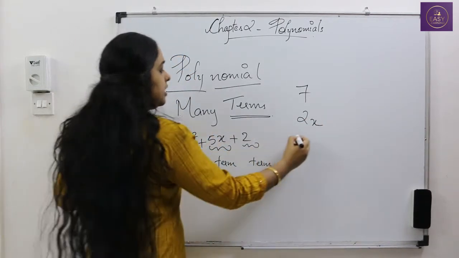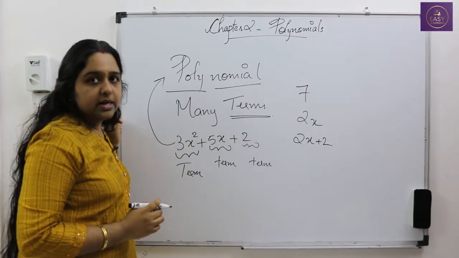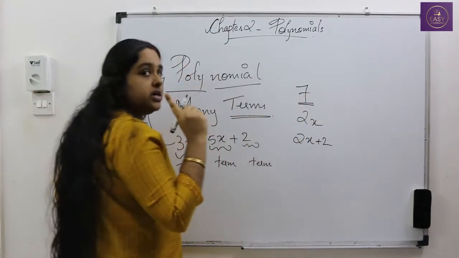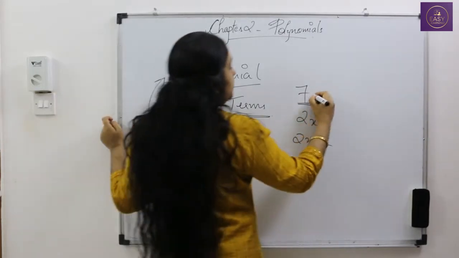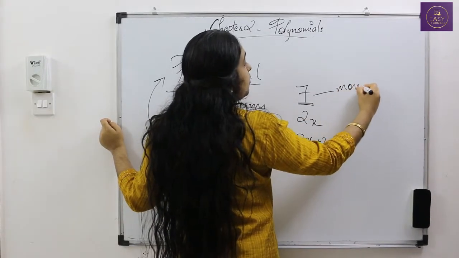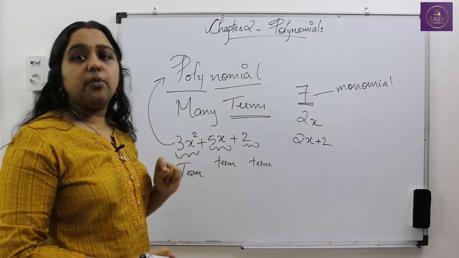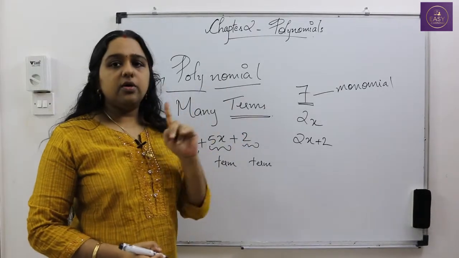The difference is that in this there is only one term, so we call this a monomial. A monomial is a polynomial with one term.